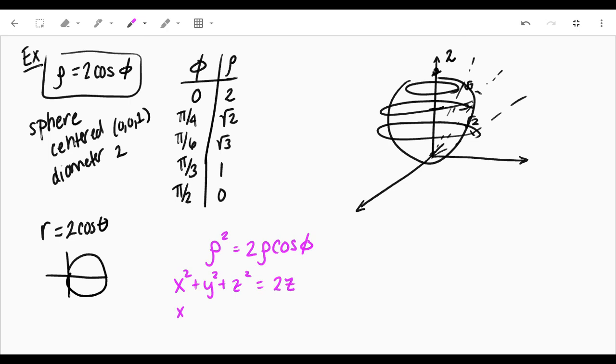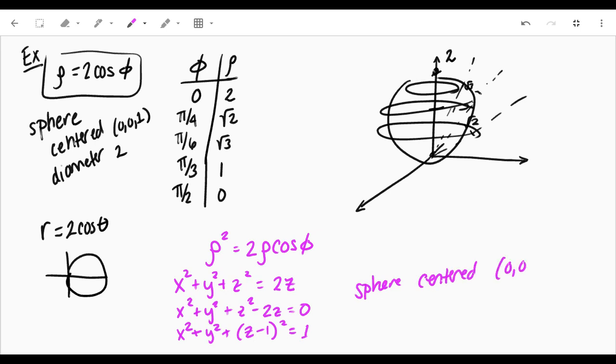So x squared plus y squared plus z squared minus 2z equals 0. Complete the square, and we'd have a 1 on that side. So again, that is a sphere centered at (0, 0, 1) with a radius of 1.